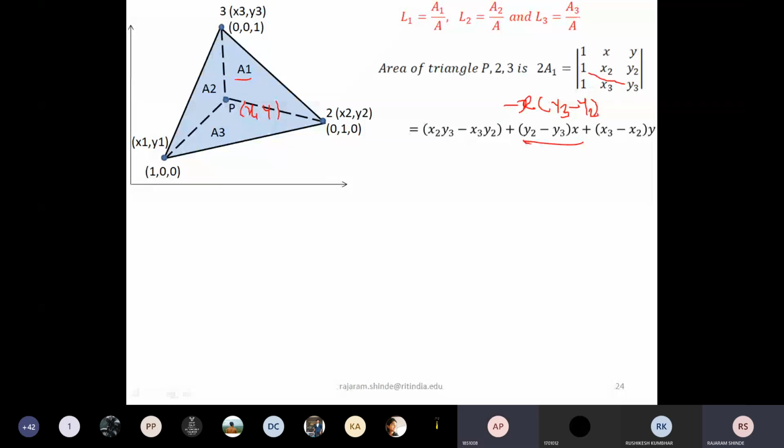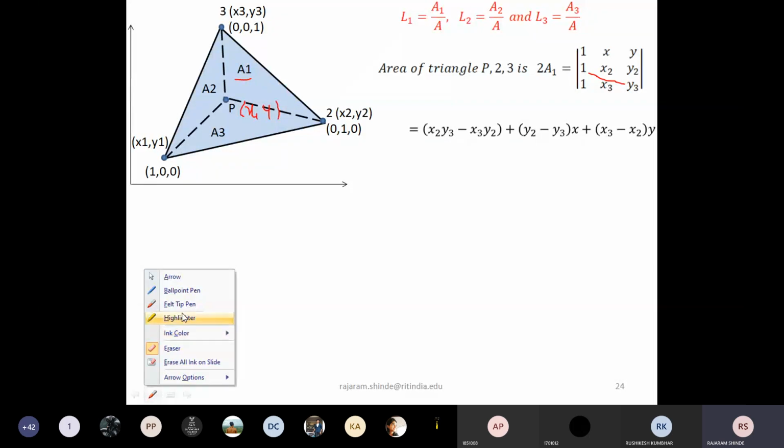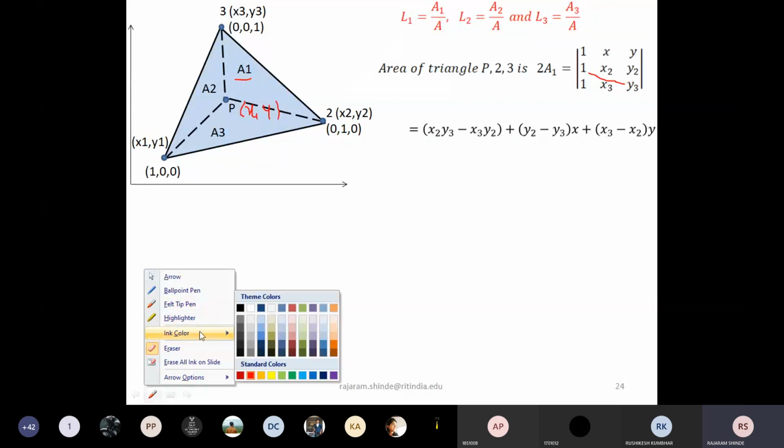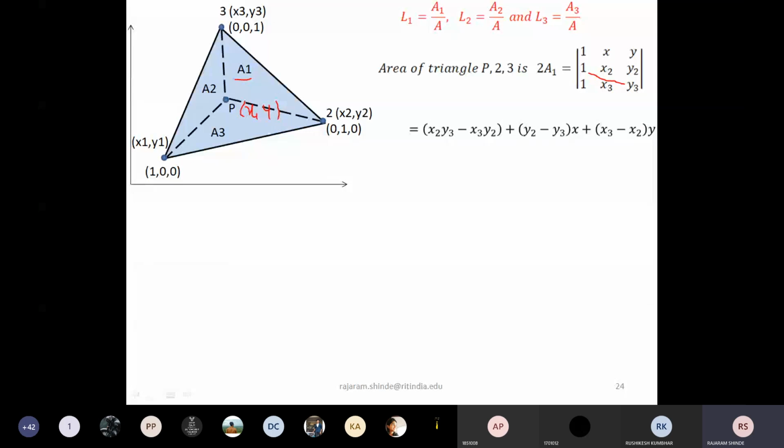Now you see this term and this term. If you recall this from the problems which we have solved, it is XjYk and XkYj.